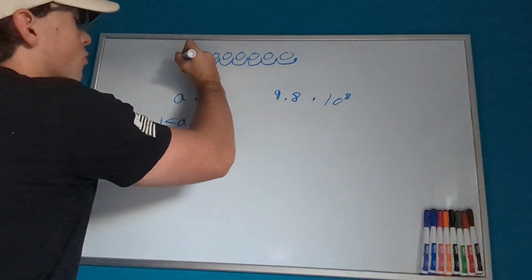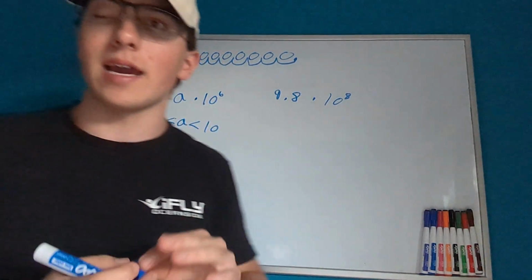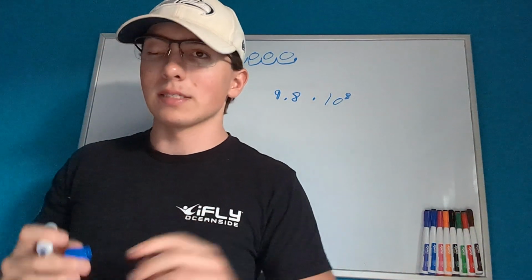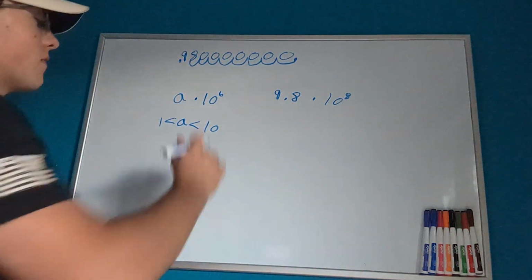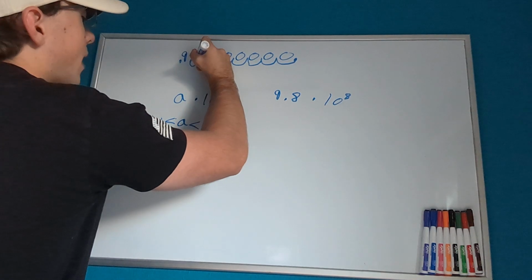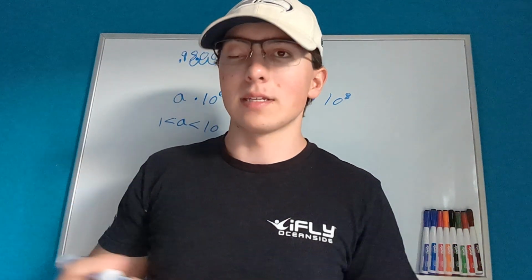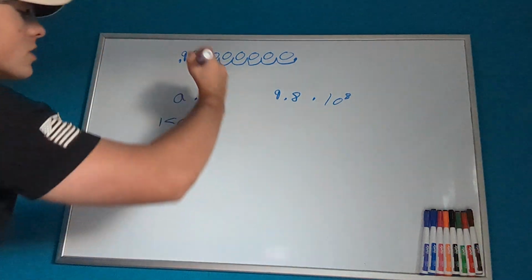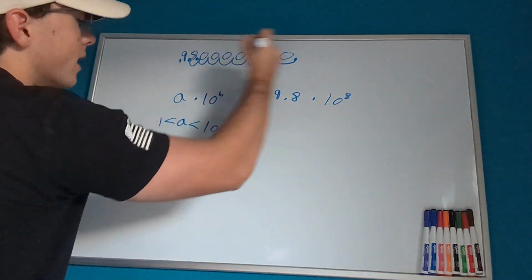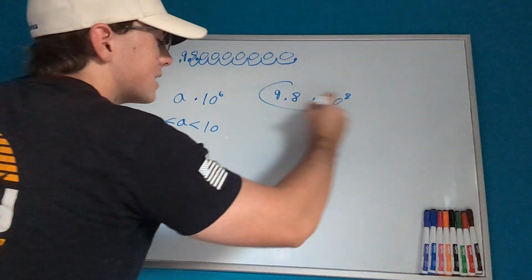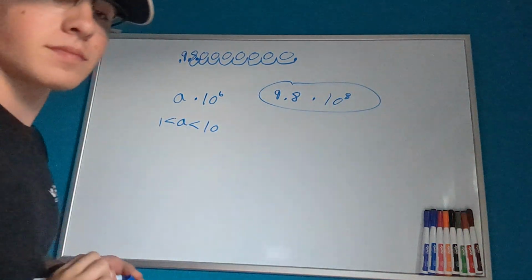If we moved it right here, we would have 0.98, and 0.98 is less than 1, therefore not being in scientific notation. And if we moved it right here, it would be 98. That's greater than 10, and therefore not in scientific notation. So we put the decimal point right there, and we moved it over 8 times to the left specifically to get this right here.